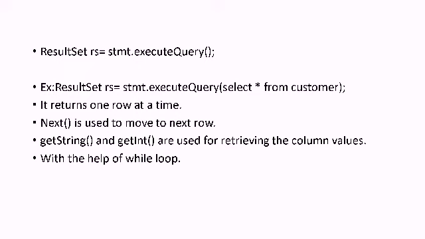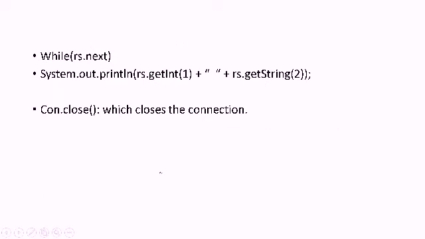With the help of the next method, it moves the cursor to the next row. Then with the help of the getString and getInt methods, we can retrieve the column values. This is used with the help of a while loop. Whenever you want to process the query results with the result set, we use this while loop.